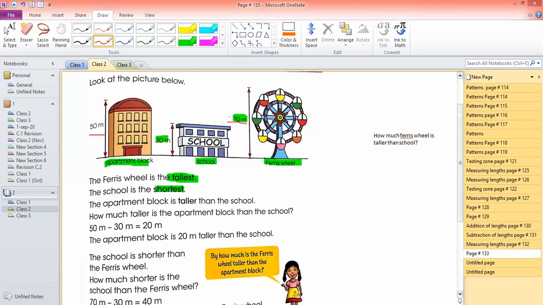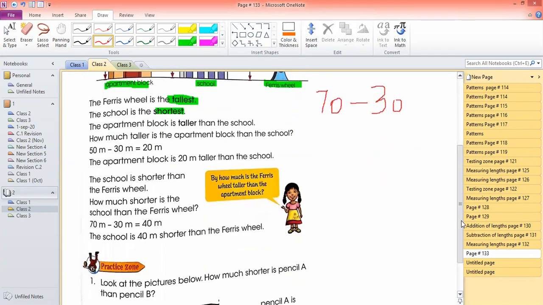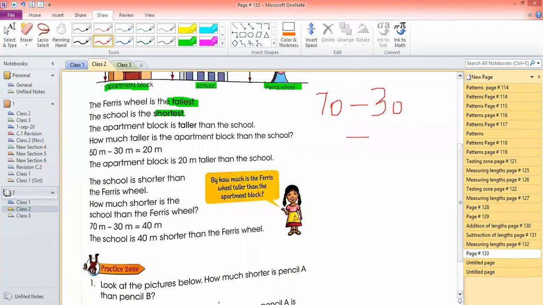I am asking how much taller the Ferris wheel is. So in order to find out how much, you will find the difference. Write the height of the Ferris wheel, which is 70, minus the school height. What is the school height? 30, right? Clear?